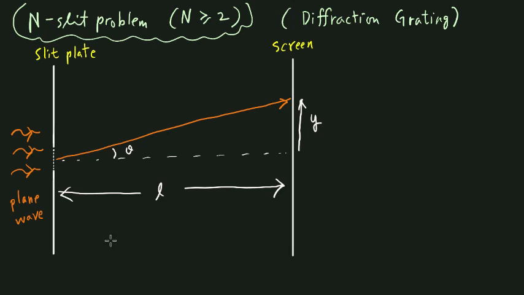The distance from the slit plate to the screen is defined as L, and let's say the distance from the center of the slit mechanism to the observation point is R. Okay, so these variables are defined just as in the double slit problem.